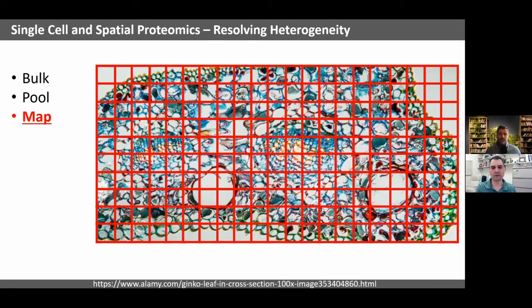We can also sort of blindly pixelate a tissue. In our case, we will do laser microdissection, pixel by pixel, isolating tissue with whatever spatial resolution we deem necessary, and then analyze each of those pixels individually to build up a map of protein expression across a tissue.